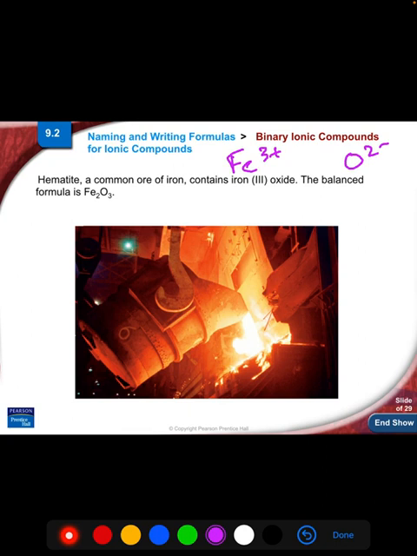But what I can do is look for my common denominator, which would be 6. If I take 2 irons at +3 and 3 oxides at -2, I'll have +6 and -6 and end up with a neutral compound with the formula Fe2O3, pronounced iron(III) oxide.